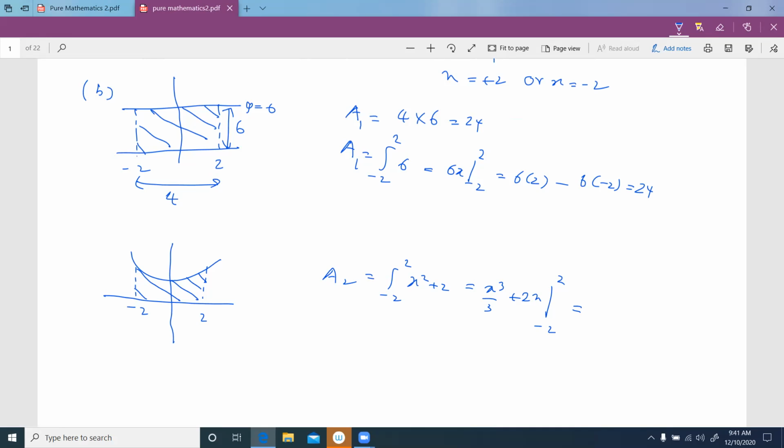Initially substitute the upper bound 2, that is 2 cubed over 3 plus 2 times 2, minus the substitution of minus 2. When you do the substitution, remember that you have to put brackets for these negatives. So you will receive this answer, let's see what that is. Integration from minus 2 to plus 2.